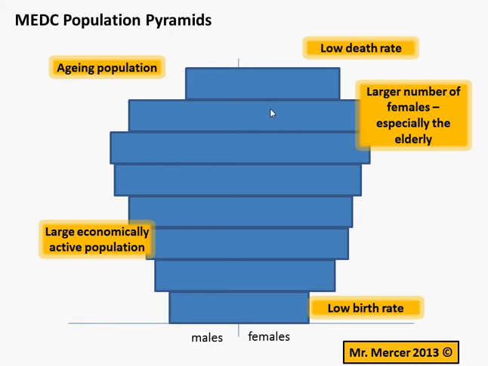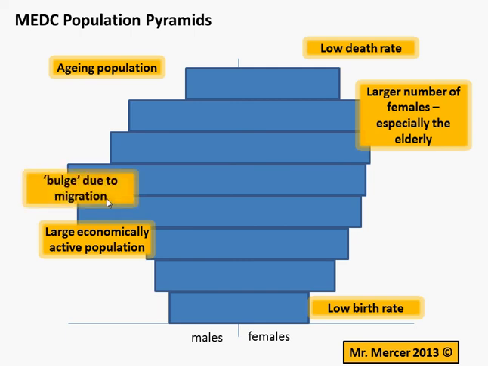Some other things you might see would be kinks or bulges in your population pyramid. Now, I'll show you an example of a bulge. There it is. If you missed that, here it is again. What this bulge shows us, because it's in the economically active population, is that this is likely to be due to migration.